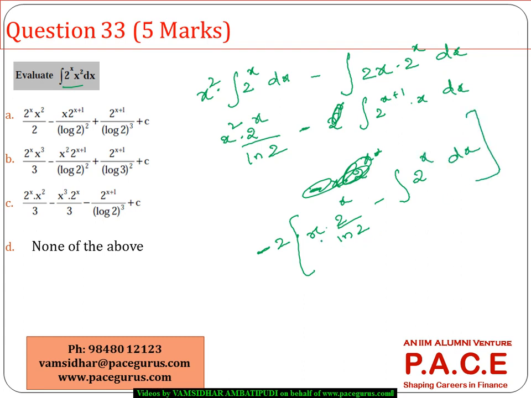So this is again working out to minus 2 power x plus 1 into x by log 2, and this side it is coming out as plus 2 into 2 power x. The integral of 2 power x is 2 power x by log 2. So this is the number that is coming out.